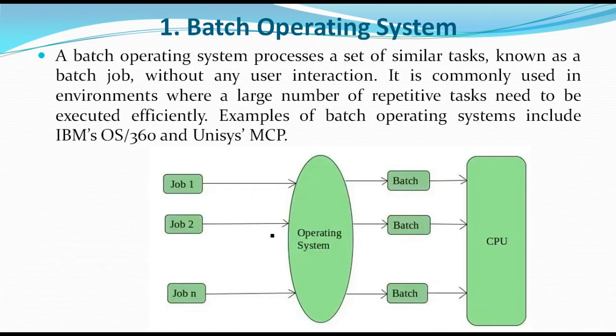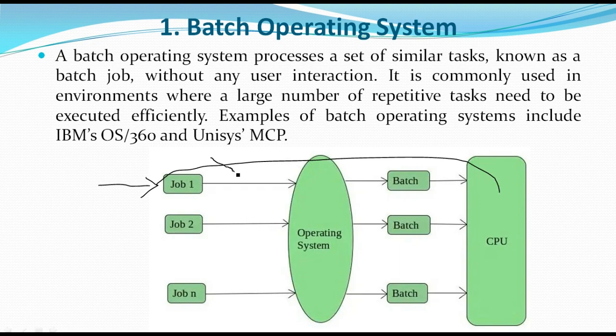Batch means all the jobs are gathered and submitted to the CPU at a time. That is the work of the batch operating system. Assume that one process enters the operating system; it doesn't occupy the CPU directly and doesn't execute.